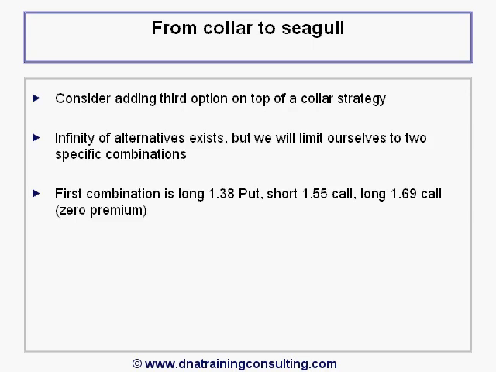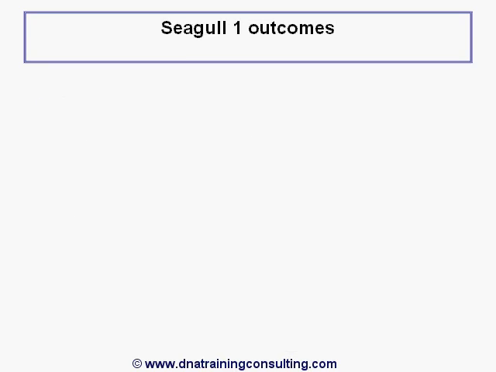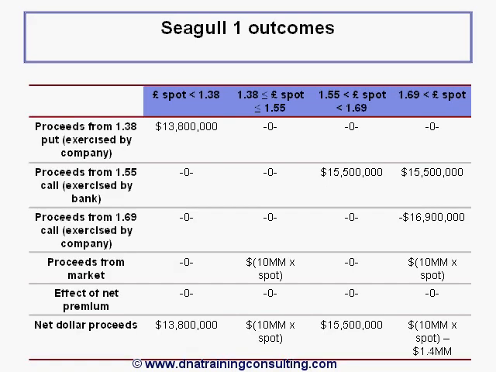Under the first alternative, the exporter achieves a net upfront premium of 0, as you can confirm in your own time from worksheet pricing, by combining a long sterling 138 put, short sterling 155 call, and long sterling 169 call. His summarized position and related outcomes can now be amended to read as shown here.